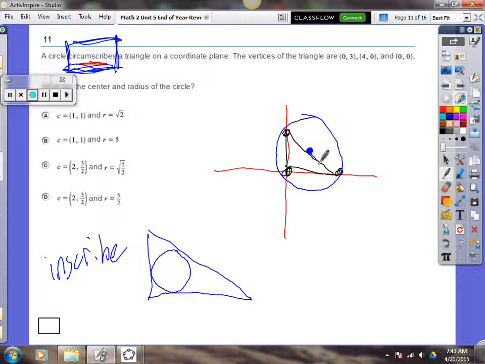So your radius is the distance from here to here. So if we find the distance from here to here and cut that in half, because this is the diameter, and that's the length of the hypotenuse. So we got to use some Pythagorean Theorem. So along this base right here, it was 4 and this was 3. So that means this is 5. So it's a Pythagorean triple, 3, 4, 5. So the diameter is 5, so the radius is going to be 5 halves. So we're going with D.